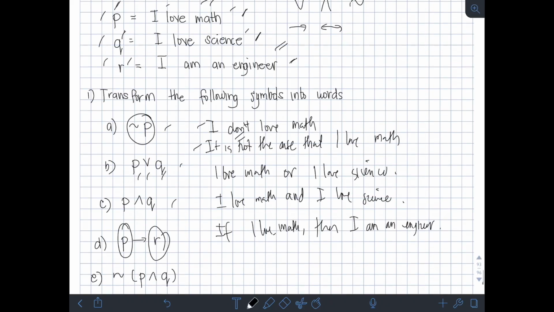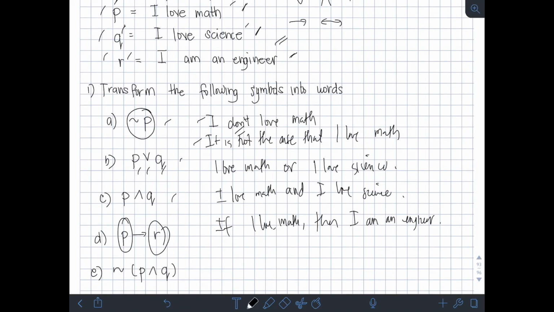Okay? Next. So, this time, meron tayong not or negate of P and Q. So, take note na meron na tayong dalawang symbol na ginamit. Kasi combination ng negation tsaka ng and. So, kapag ganon, unahin natin itong nasa loob ng parenthesis. So, dapat meron tayong compound statement sa loob na P and Q. So, di ba nagawa na natin kanina yon?